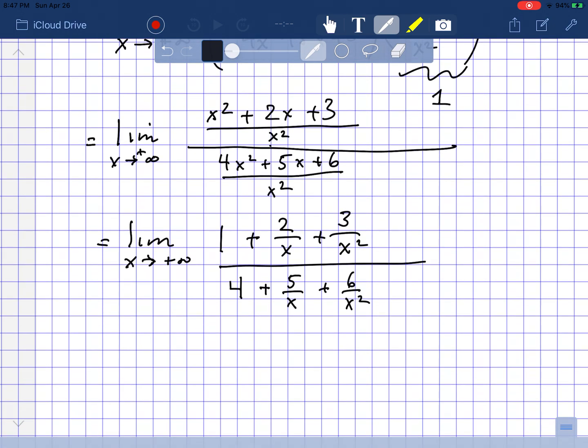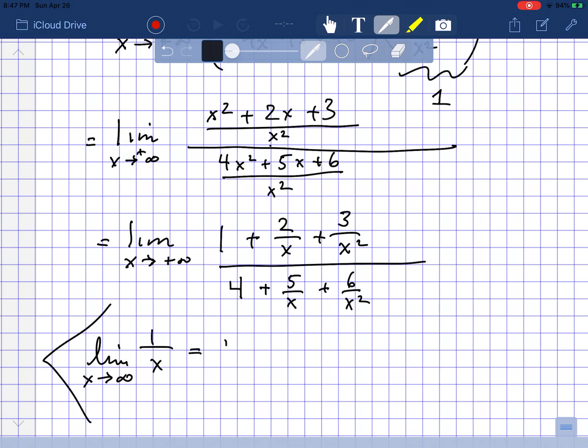Now, what happens to the limit? This is kind of an aside here. What happens to the limit of 1 over x as x goes to plus infinity? I'm taking a very large number, a number that's getting bigger and bigger, and I'm dividing it into 1.